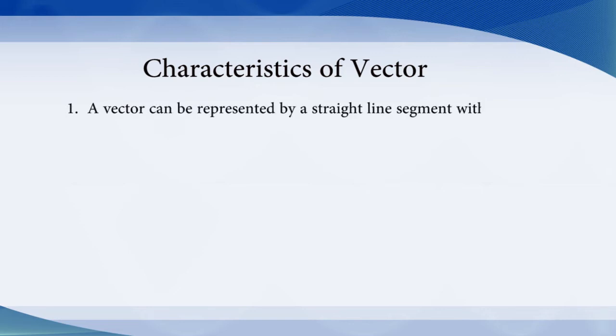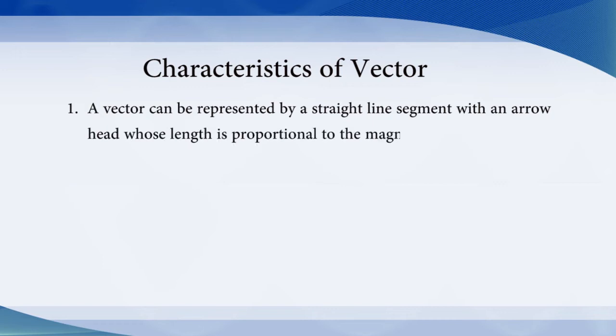Let us summarize this as: a vector can be represented by a straight line segment with an arrowhead whose length is proportional to the magnitude of the vector. Let us see the second characteristic of vector.